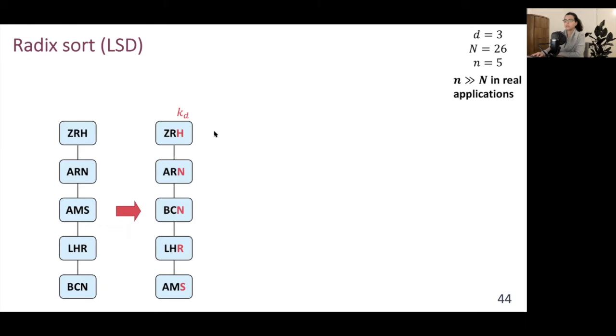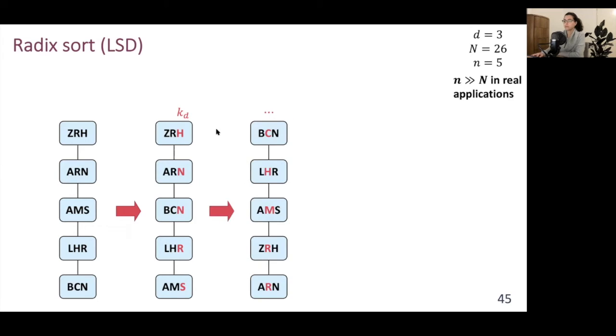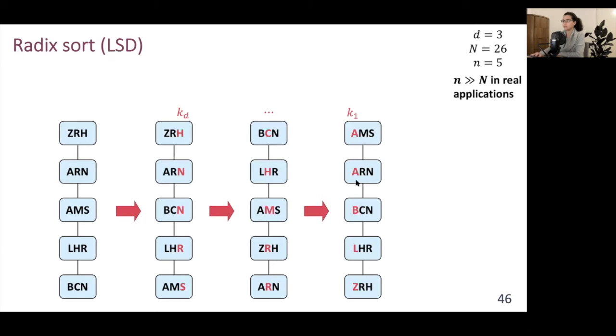Then we proceed to the second character or key, and after we apply bucket sort based on this key, we can see that these keys are now sorted based on the last two characters. Then we proceed and apply bucket sort again, now based on the first character or key, and you can see that the airport codes are now perfectly sorted based on the three letters that compose their keys.